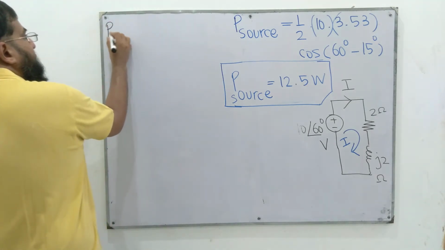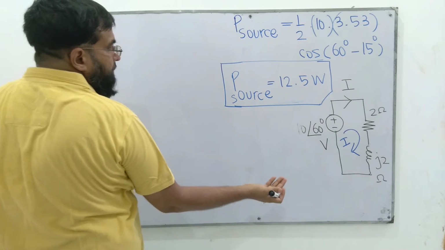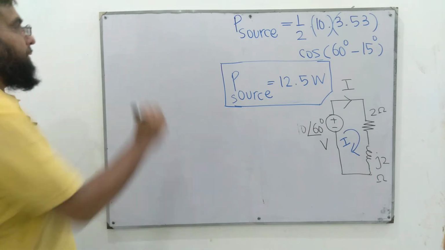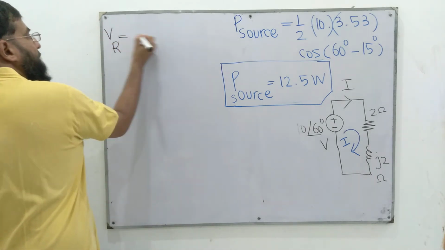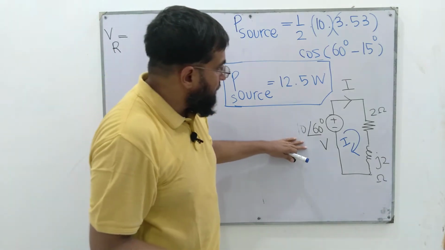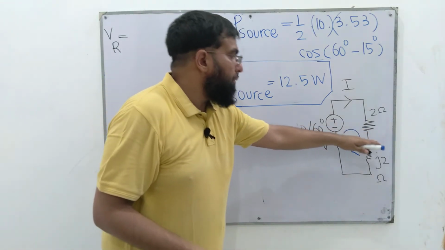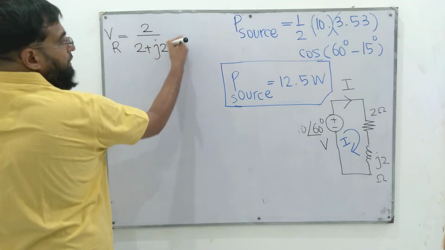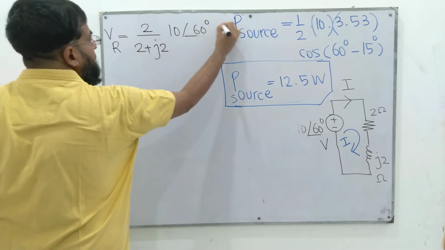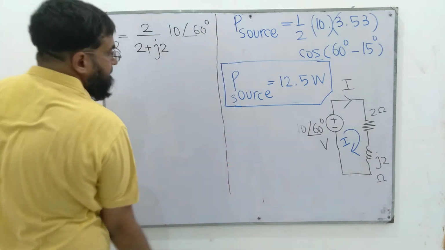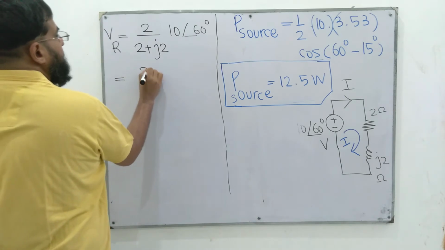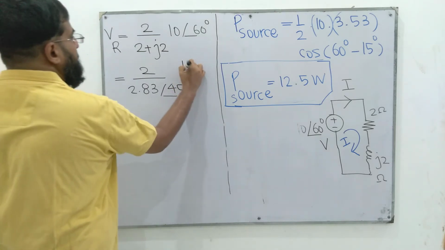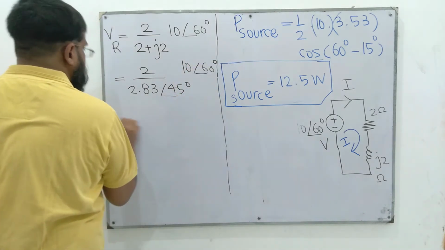For the power dissipated in the resistor, we'll have to find the voltage drop across it. First, let's find the voltage drop across the resistor, VR. The voltage drop across the 2 ohm resistor can be computed using the voltage divider theorem: 2 over 2 plus J2, which we have just computed as 2.83 at an angle of 45, times 10 at an angle of 60.